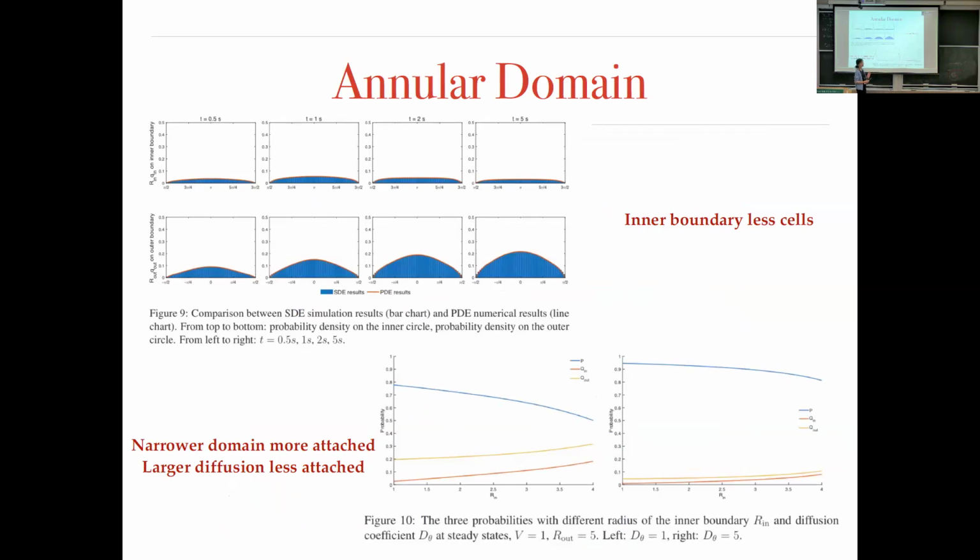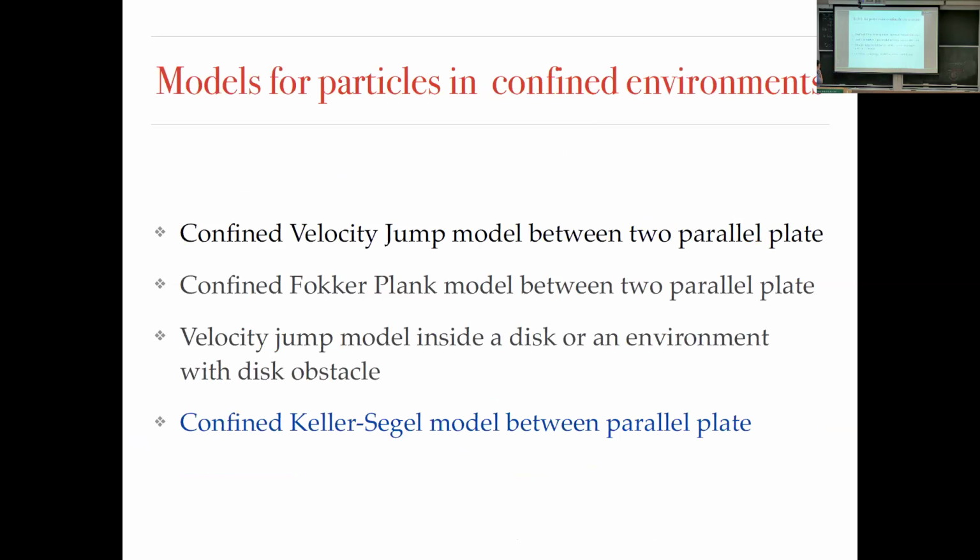The bigger the diffusion coefficient is, the more cells would be inside the domain. But the smaller the diffusion coefficient is, the more cells will be attached to the boundary. All those things we can explain by this model.